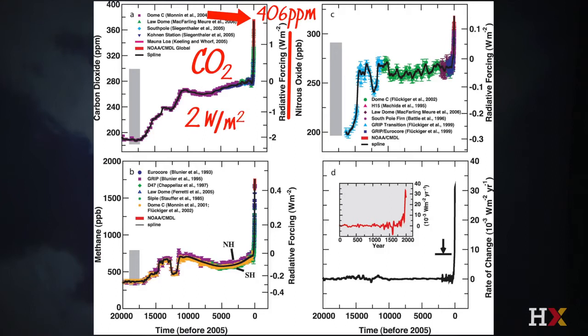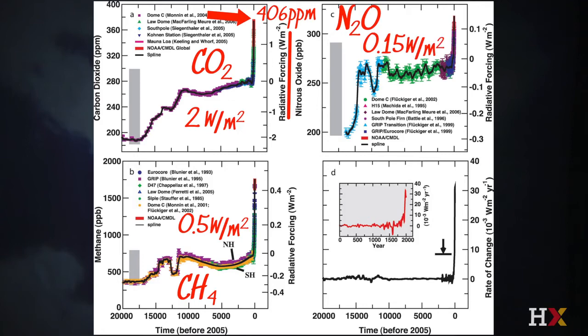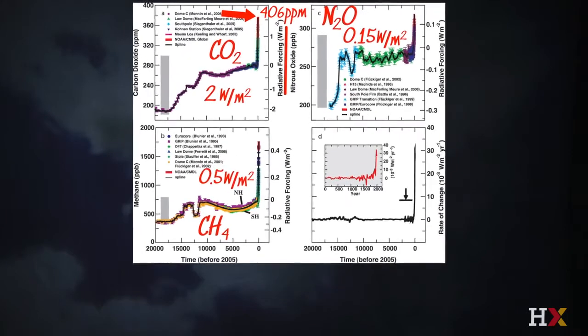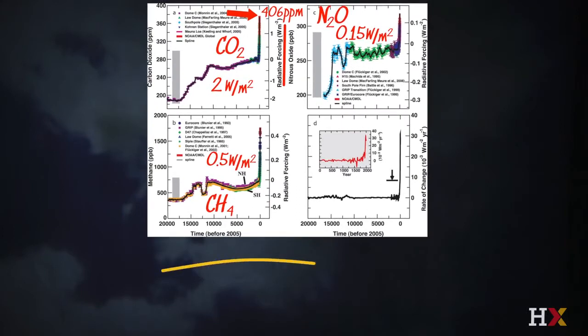And if we look at the situation for methane, the forcing of the climate in that case is about 0.5 watts per square meter. And for N2O, that forcing is about 0.15 watts per square meter. So those three molecules dominate the trapping of infrared radiation.